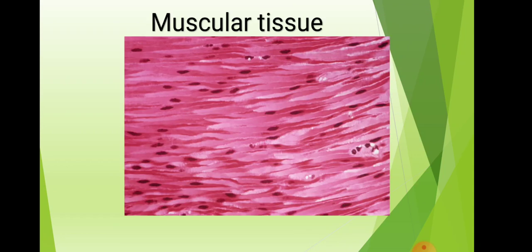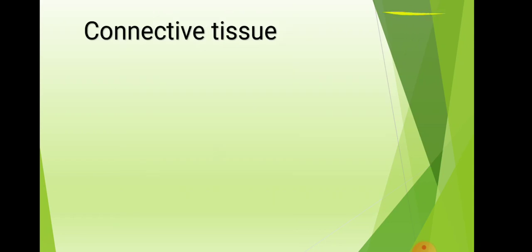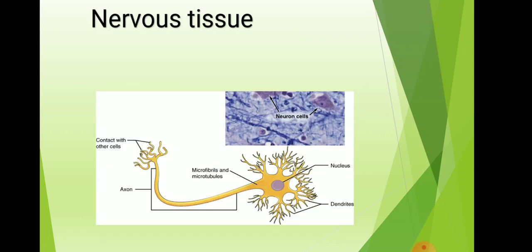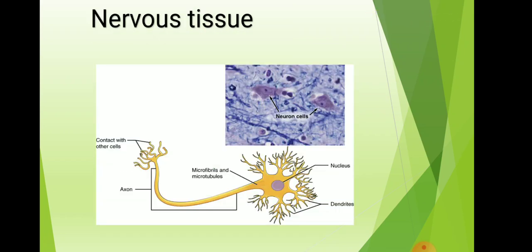Muscular tissues make our muscles. An example of connective tissue is our blood. Nervous tissue is part of our nervous system, forming our whole neurological system.